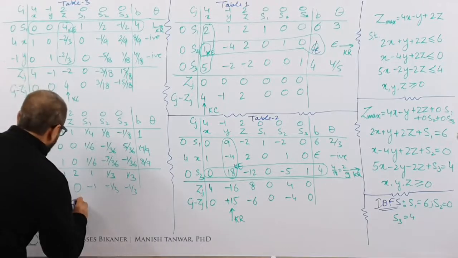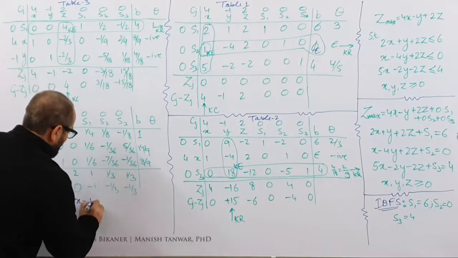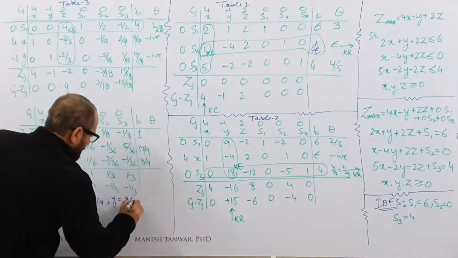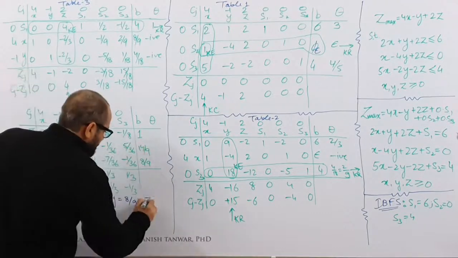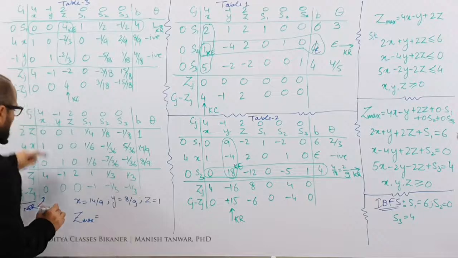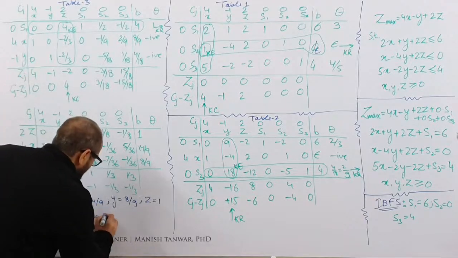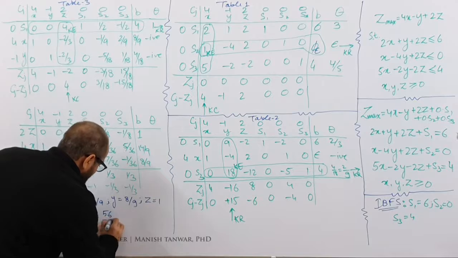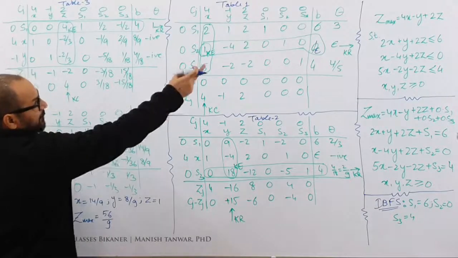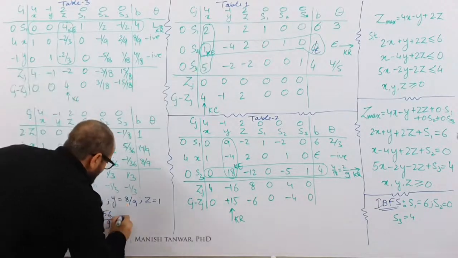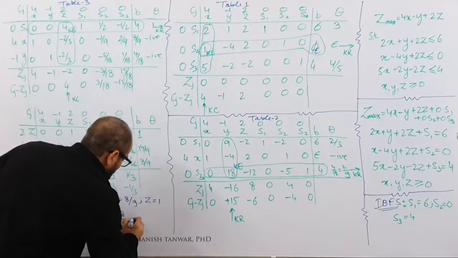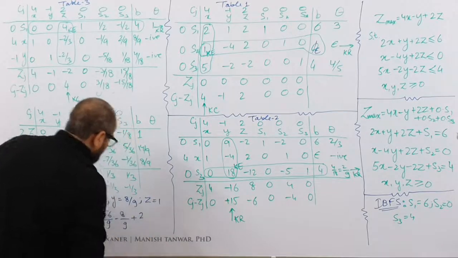Hence, my solution at this point of time is x is equal to 14 by 9, y is equal to 8 by 9, and z is equal to 1, giving me a z max of 4 multiplied by x. 4 multiplied by x would be 56 upon 9, and minus 1 multiplied by y, minus 8 by 9, and z is 2z, so making it plus 2.